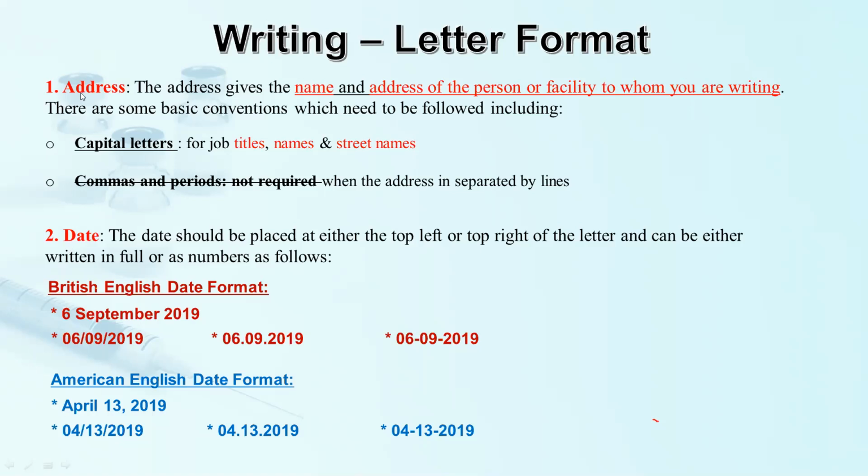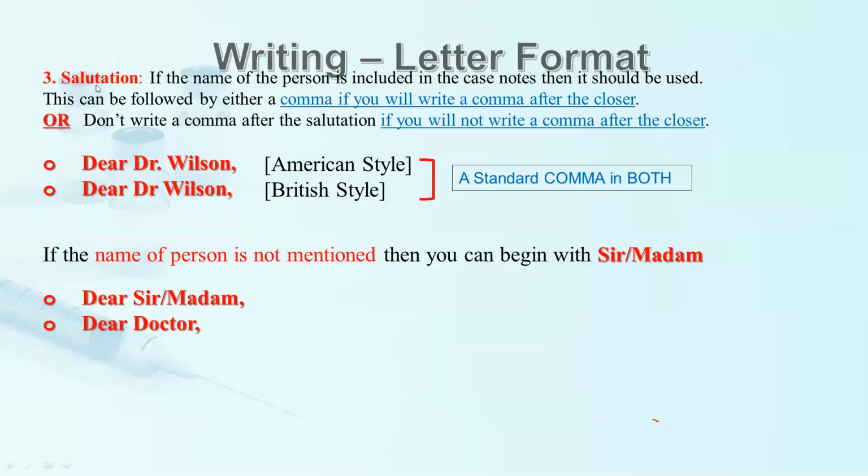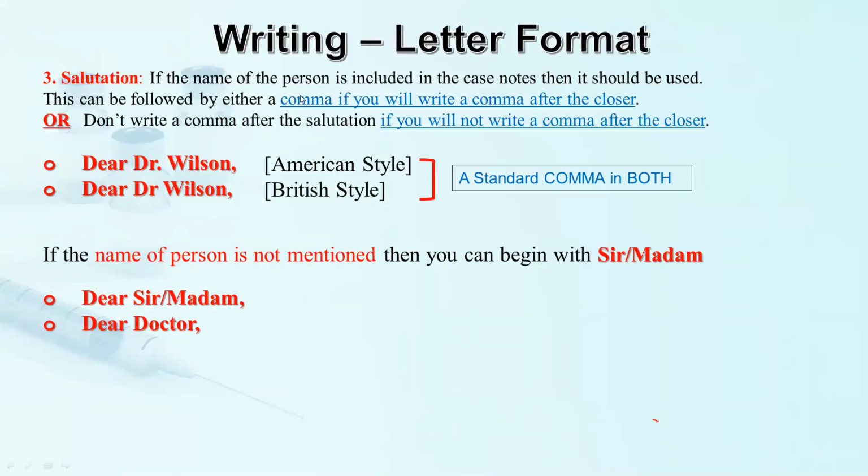So simply you write the address on top, then the date, after that the salutation or greeting. If the name of the person is included in the case notes, then it should be used. So if you know the name of the person you are writing to, you have to write this name, simply like, Dear Dr. Wilson. And this is in American style. Why? Because we included this period.